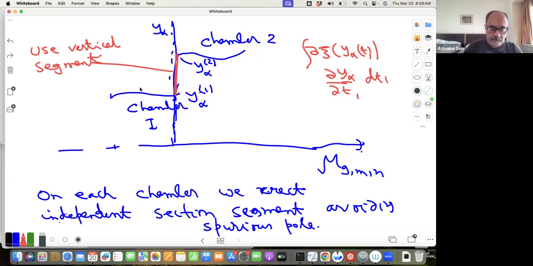So none of these chambers hit any singularity, because you have chosen it that way. But there may be some spurious poles which pass through the vertical segments. Spurious pole location may be moving like this, and may or may not be there for a vertical. But these sections are chosen to avoid those spurious poles.